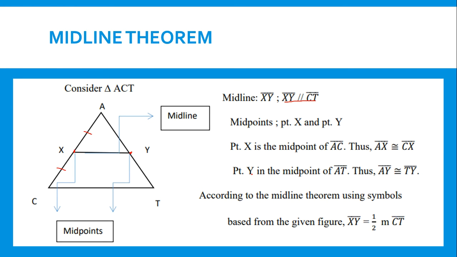Point Y is the midpoint of AT. Actually, it's not "in", it's "AT"; it was just a typing mistake. Point Y is the midpoint of AT. So this is the midpoint at the right side of the triangle. AT is the other side of the triangle.